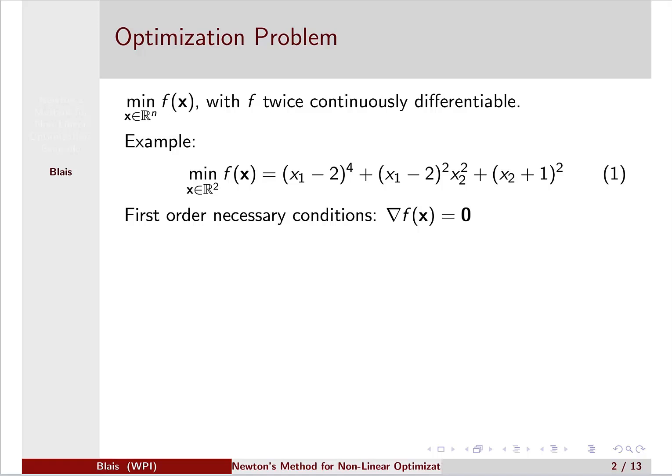Newton's method, with a good choice of x0, hopefully will converge to a solution of our first order necessary conditions. This method picks up on saddle points, local minimizers, and local maximizers, but in this case, our f(x) is convex, and so we're hoping that we can converge to a minimizer.